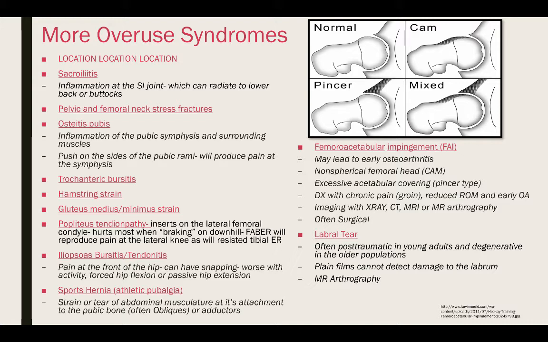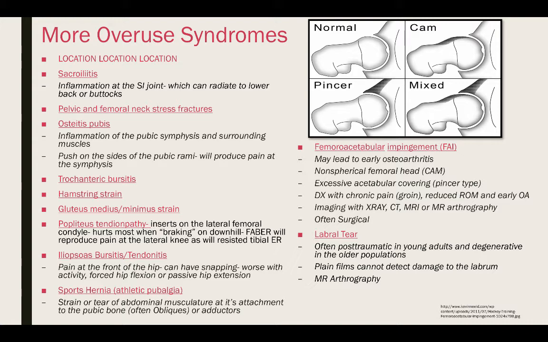Popliteus tendinopathy, which is more of a knee issue, inserting on the lateral femoral condyle, hurts more with braking on the downhill, and the fibula will produce pain at the lateral knee, so a little bit more knee than hip. Iliopsoas bursitis and tendinitis. A lot of people forget about this one. So there's a bursa there.